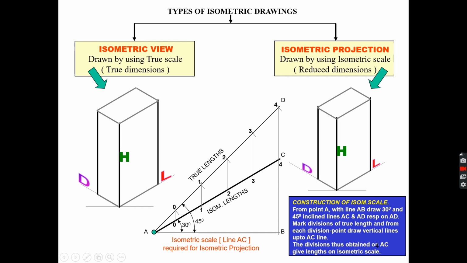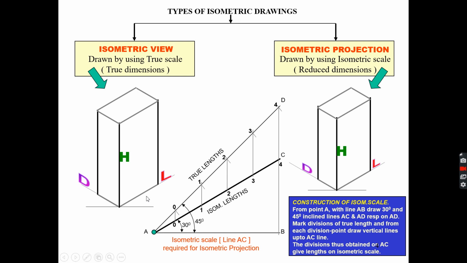Okay, so suppose there is one cube. What is the actual angle between the cube faces? It is the 90-degree angle. But when you are drawing the isometric view, what is the angle between these two faces? The angle is 120-degree.